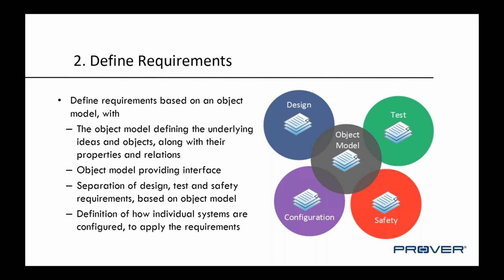So it's basically a description of all the objects you have with their main properties and relations between objects, interfaces like input outputs, how they communicate, and so on. But it does not actually deal with the implementation of the specific requirements. So that is instead done for the individual specification for the design, the test, and the safety.